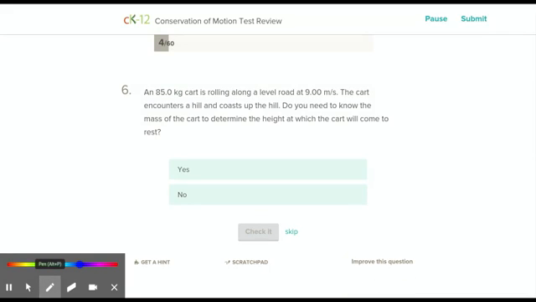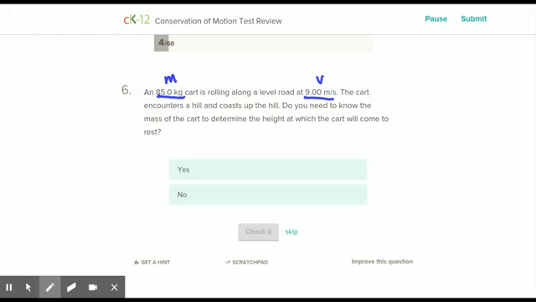A 65-kilogram cart is rolling along a level road at 9 meters per second. So this is the mass in kilograms, and this is the velocity in meters per second. The cart encounters a hill and coasts up the hill. Do you need to know the mass of the cart to determine the height at which the cart will come to rest?